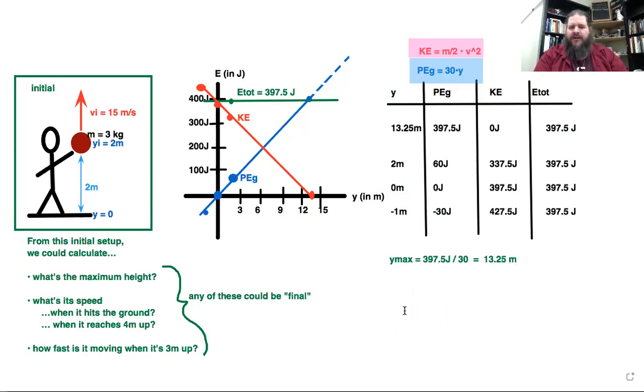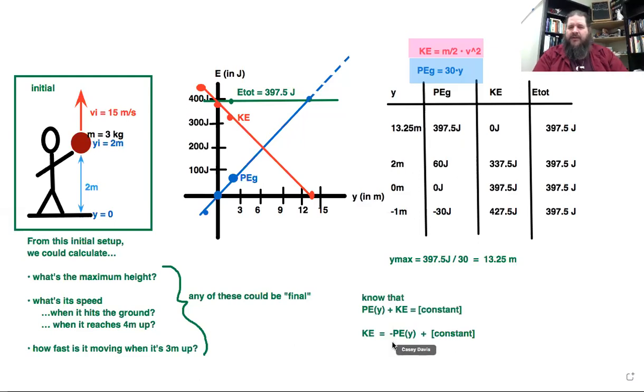If you solve this for kinetic energy, how would you isolate kinetic energy in the conservation of energy equation? Yeah, subtract potential energy from both sides. So kinetic energy is negative potential energy plus a constant.